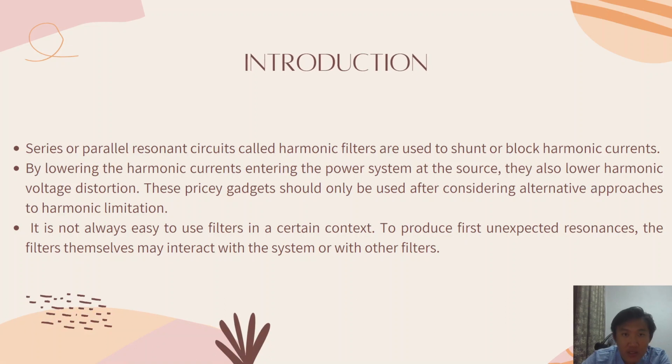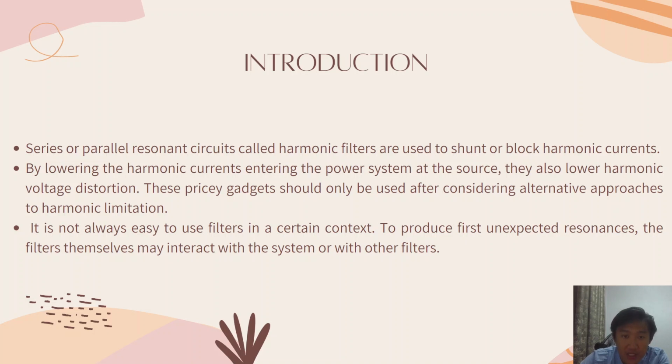Introduction. Series or parallel resonance circuits called harmonic filters are used to shunt or block harmonic currents. By lowering the harmonic currents entering the power system at the source, they also lower the harmonic voltage distortion.